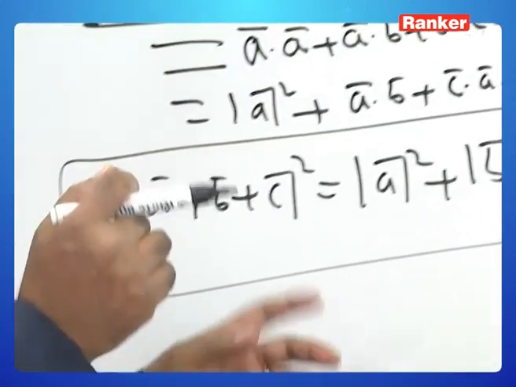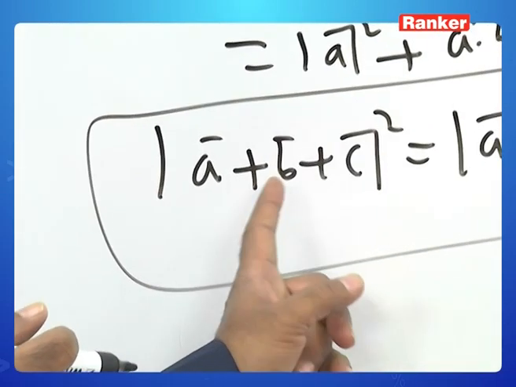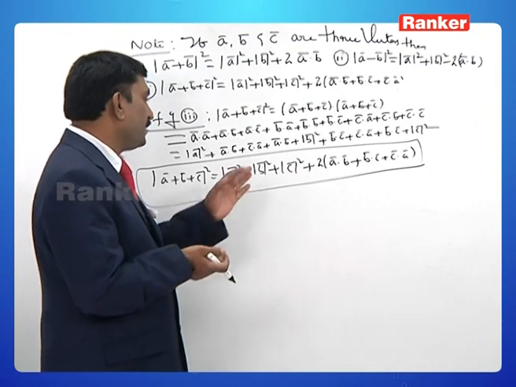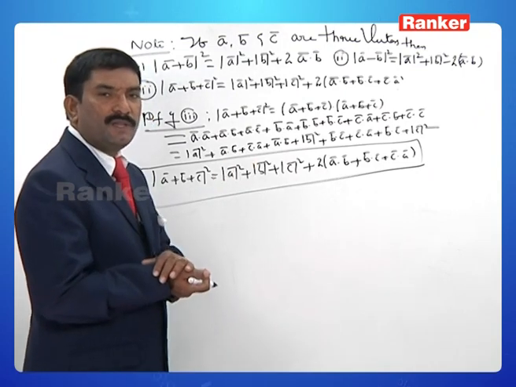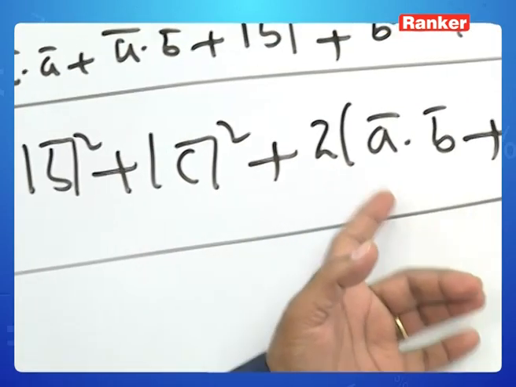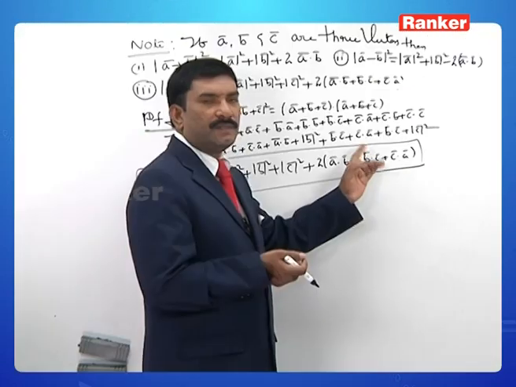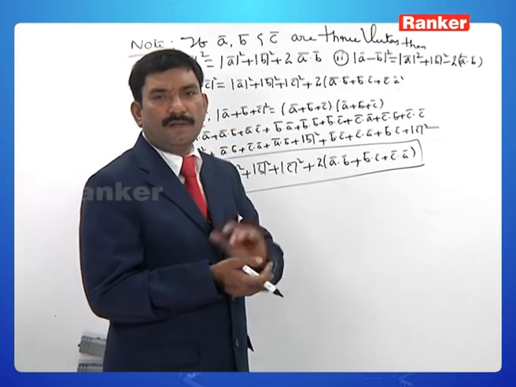Modulus of A bar plus B bar plus C bar whole square is equal to mod A whole square plus mod B whole square plus mod C whole square plus 2 into A dot B plus B dot C plus C dot A.